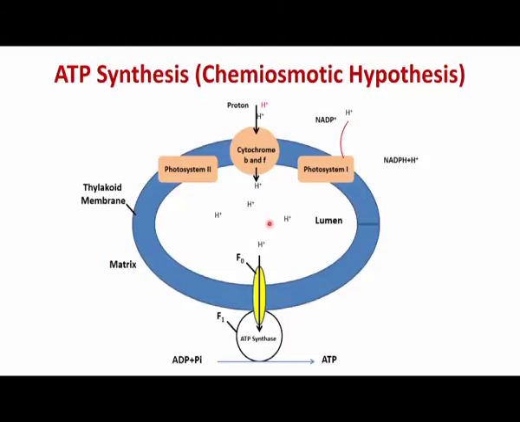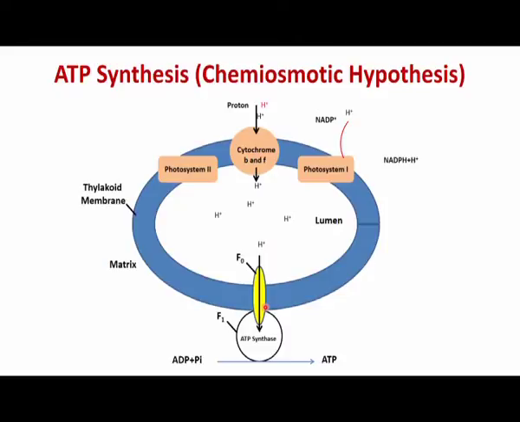So, they need a way to come out, and the way is that they can use a membrane bound complex to come out into the matrix. And in this process, when these protons come to the matrix with the help of the membrane bound complex known as the ATP synthase, they combine the ADP plus Pi to generate the ATP.